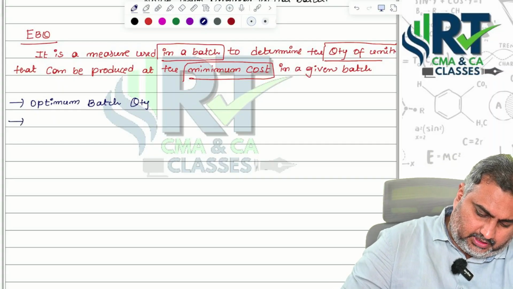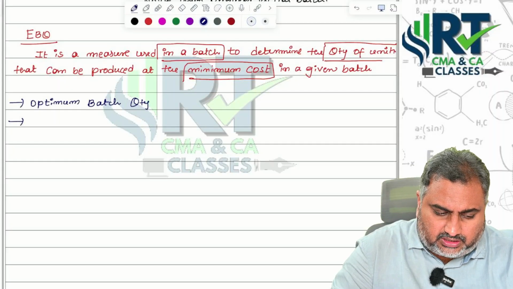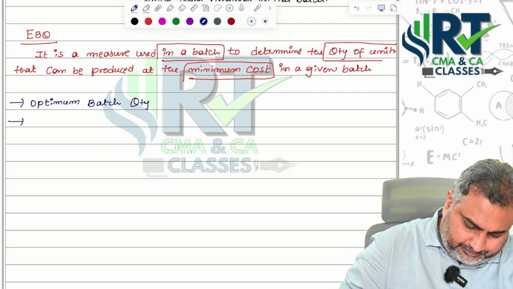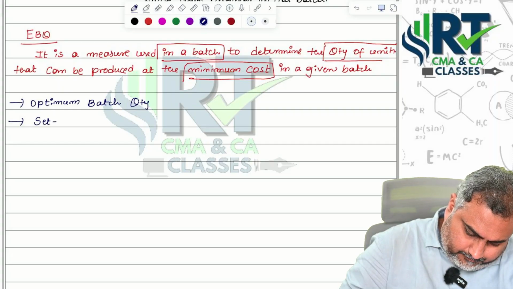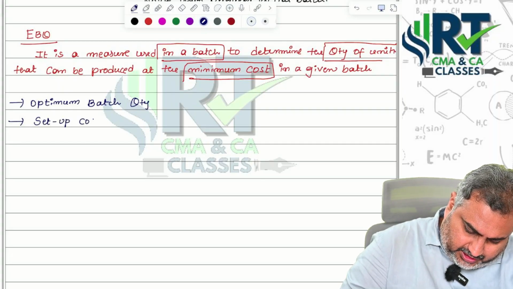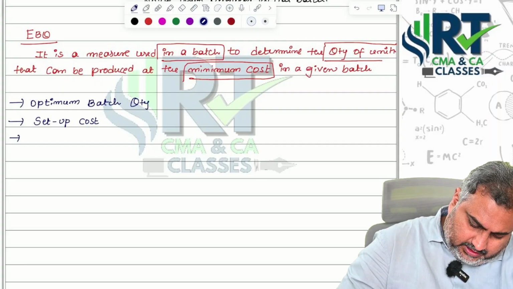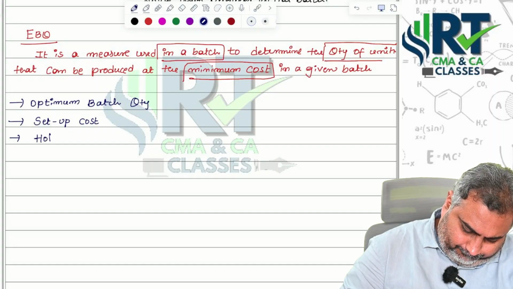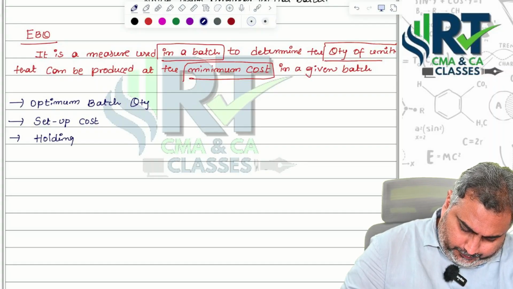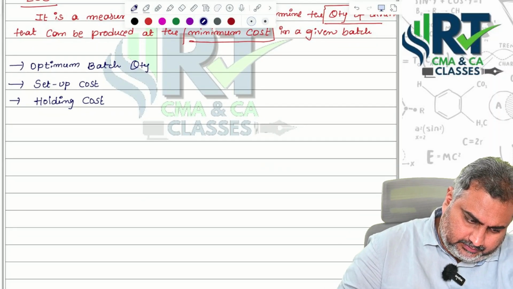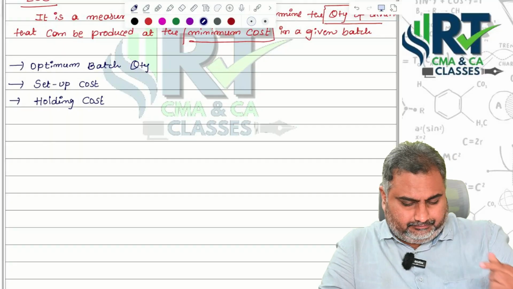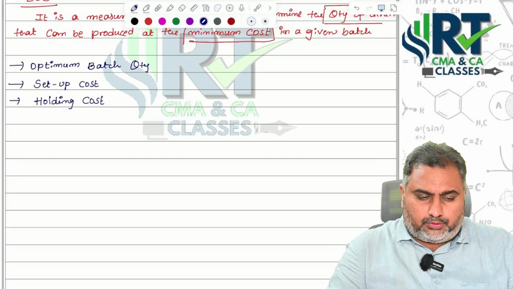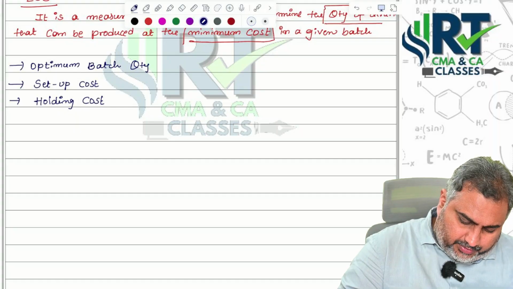Under this EBQ, the costs associated are setup cost and, second one, holding cost. How to find out EBQ?